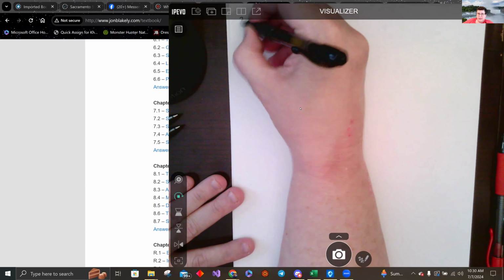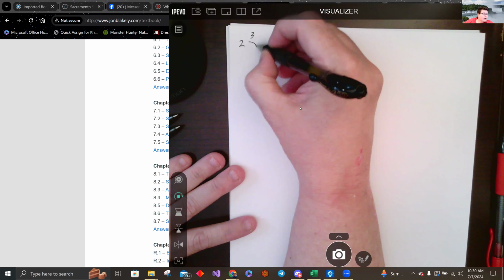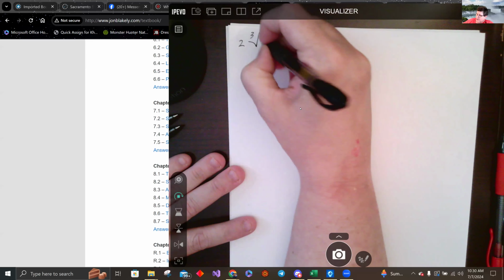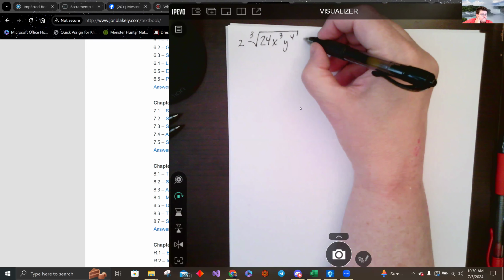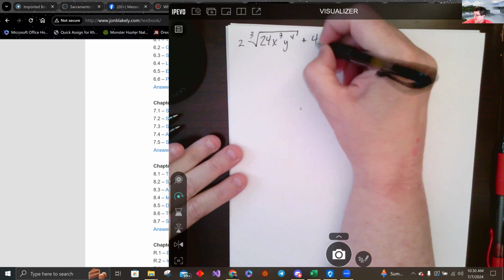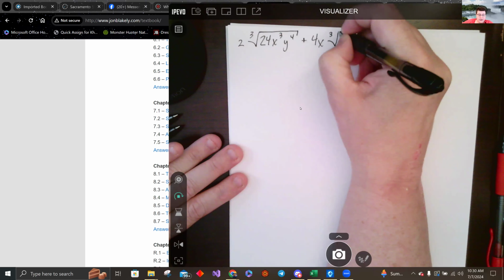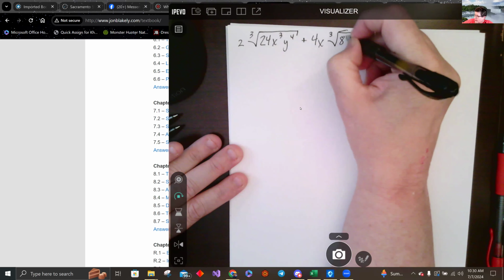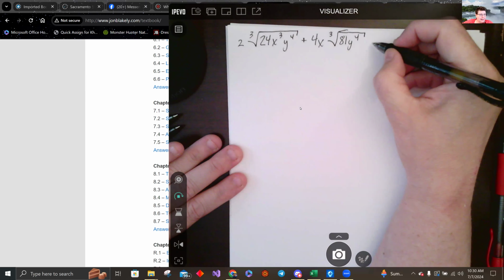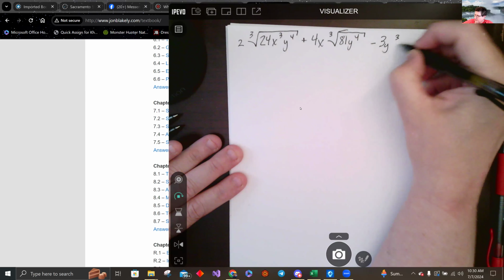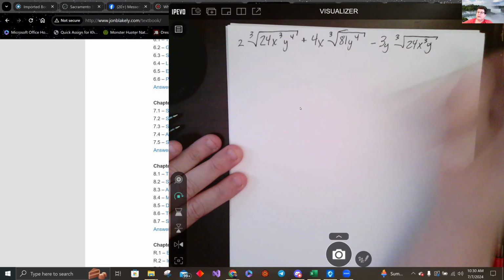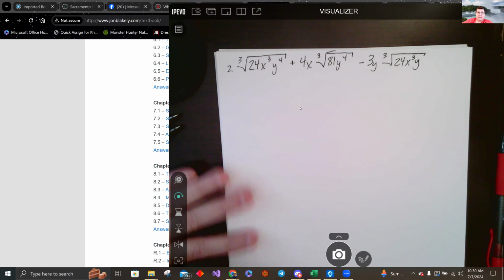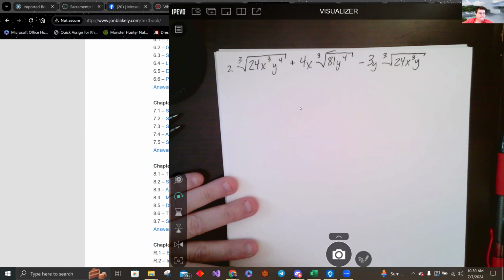We're going to do 2 times the cube root of 24x cubed y to the 4th power plus 4x times the cube root of 81y to the 4th minus 3y times the cube root of 24x cubed y. Pause the video, see what you get.